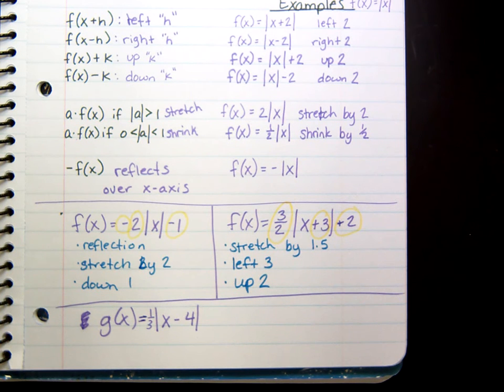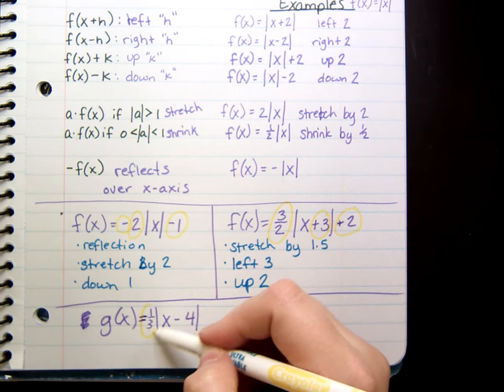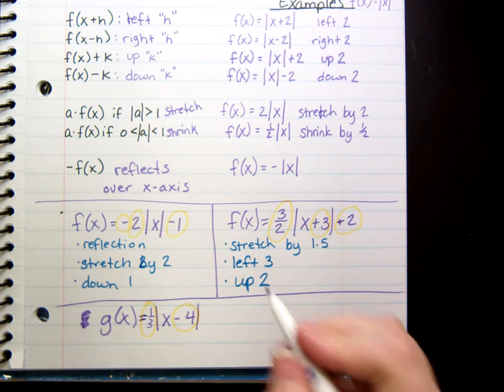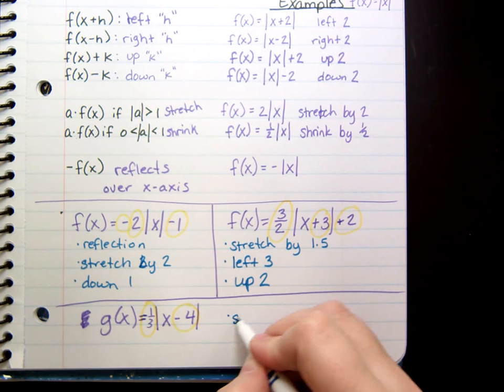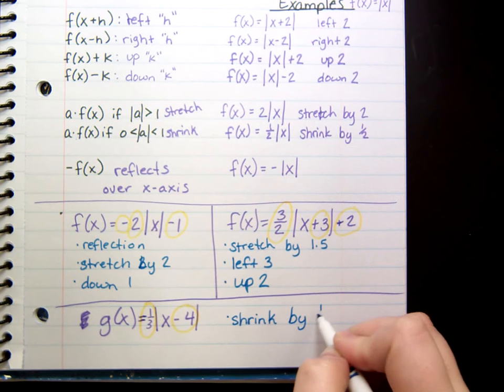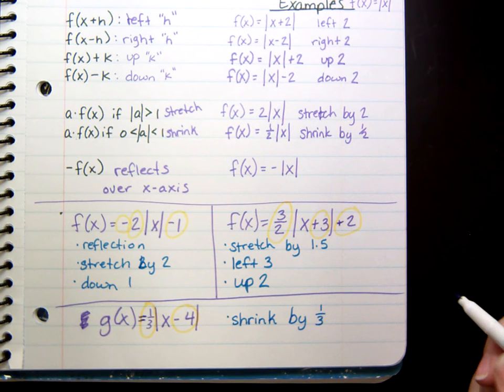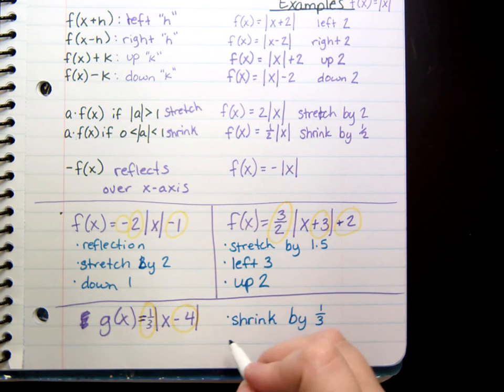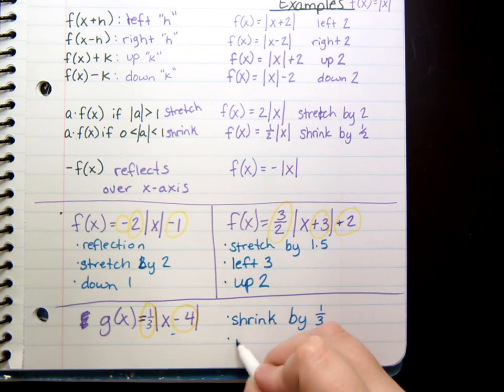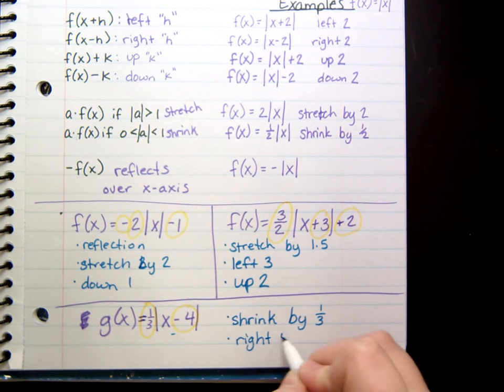On this one, there are 2 transformations, here and here. The 1/3 means we have a vertical shrink by a factor of 1/3, so it's 1/3 as tall. And the -4, inside changes move it horizontally, left or right, opposite the direction we'd think. So left is what we would think, but it's actually going to the right 4.